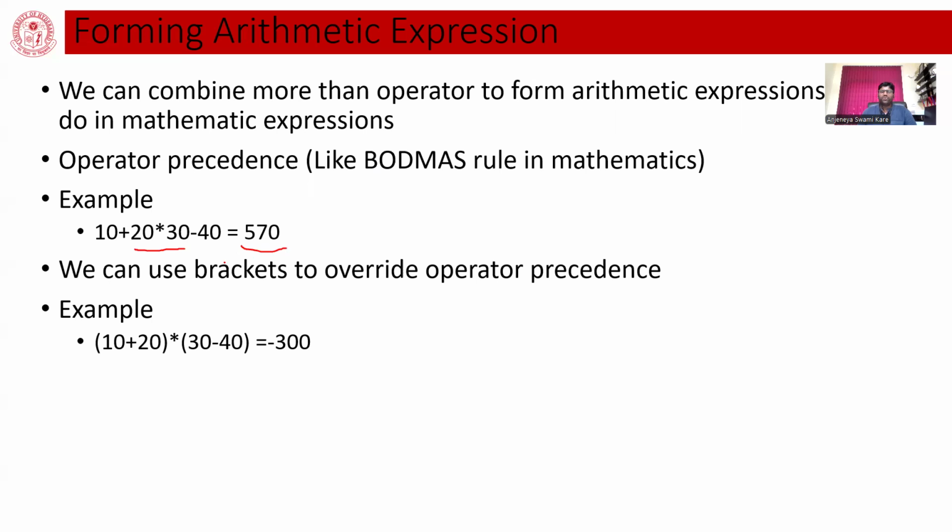Suppose you want to override the default operator precedence, we may have to use brackets. Suppose I have an expression like this with brackets, this will be evaluated as 10 plus 20 is 30 and 30 minus 40 is minus 10. So 30 into minus 10 is minus 300. So using brackets, we can create our own operator precedence and override the default operator precedence.